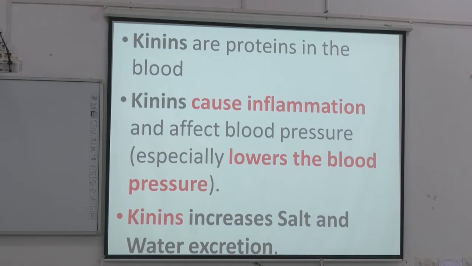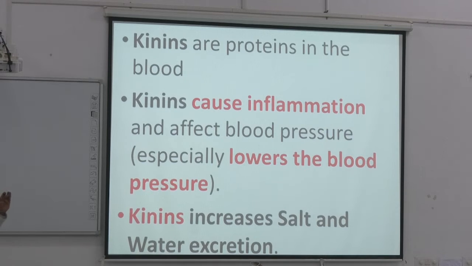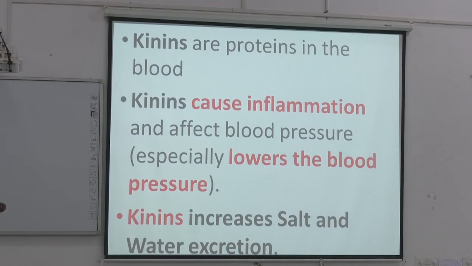The first factor is, tell me one by one. First factor is neural response. That is the thirst center in the hypothalamus, which regulates water balance, the homeostasis of water.